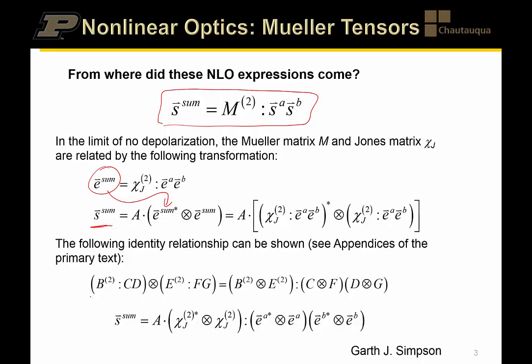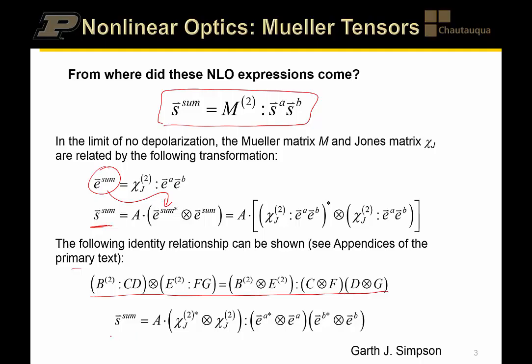But it turns out that there are some really nice ways you can take advantage of identity relationships. I won't go through the detail of where these come from, but you can see how they were derived in the appendices of the primary textbook. At any rate, we can take something that looks just like this product and simplify it. We can break it down into a new tensor given by the Kronecker product of the 2 tensors, multiplied by the rightmost arguments and then their Kronecker product.